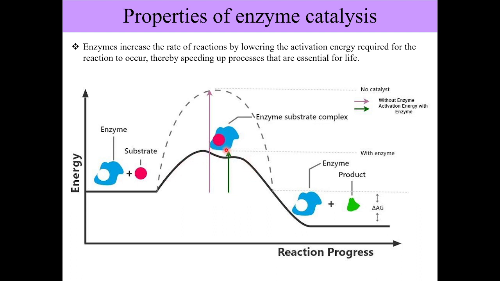This is the lowered activation energy, and therefore it allows the substrate to get converted into the product even if the energy is low, and therefore it speeds up the processes that are essential for life.